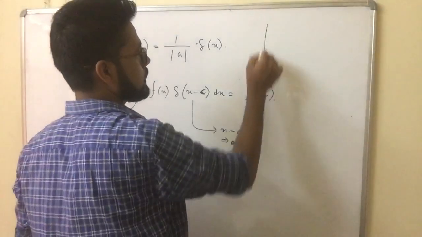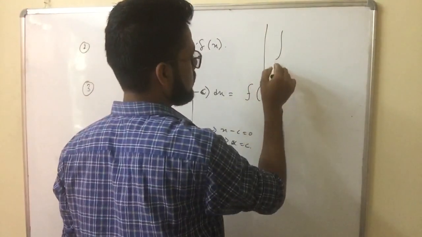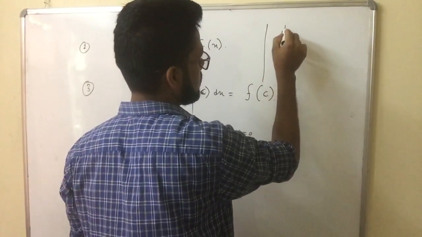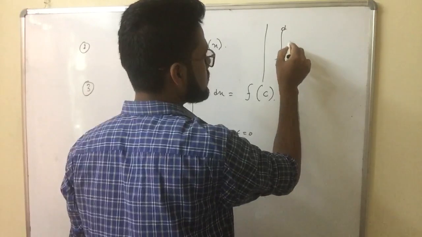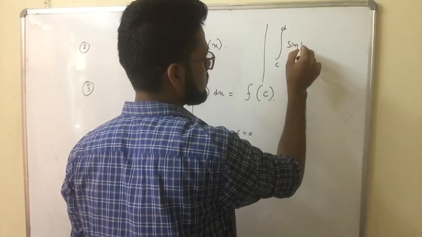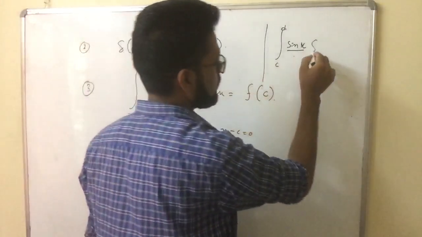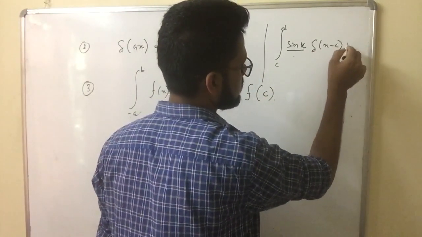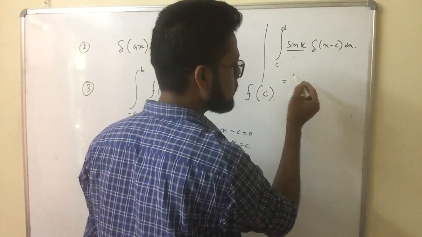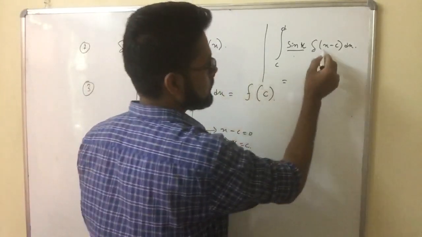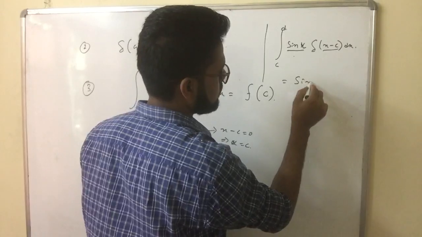Suppose I am taking an example: the integral from c to d of sin x, this function equal to sin x, times delta x minus c dx. Then what will I get? According to this, I will get the function only at a particular value, x equal to c, so sin c.